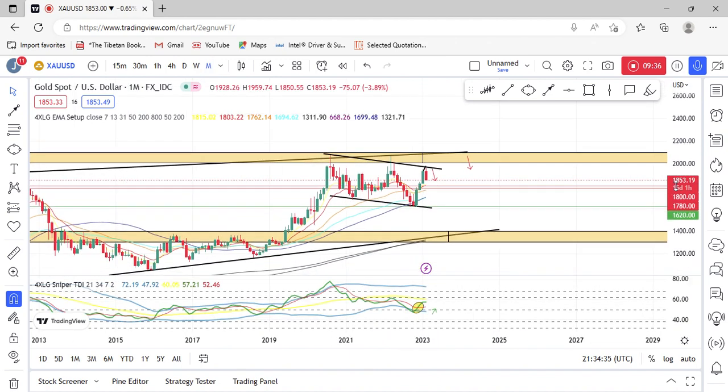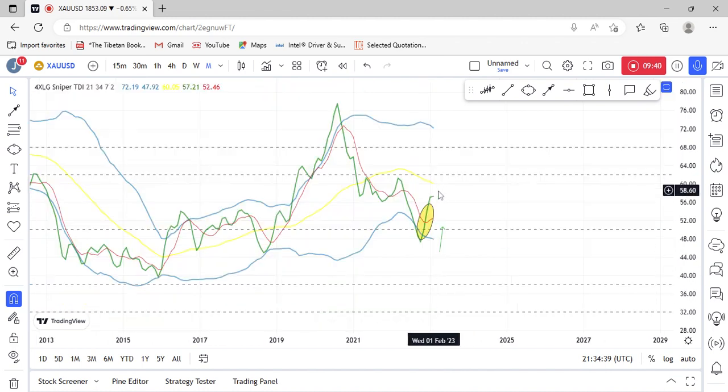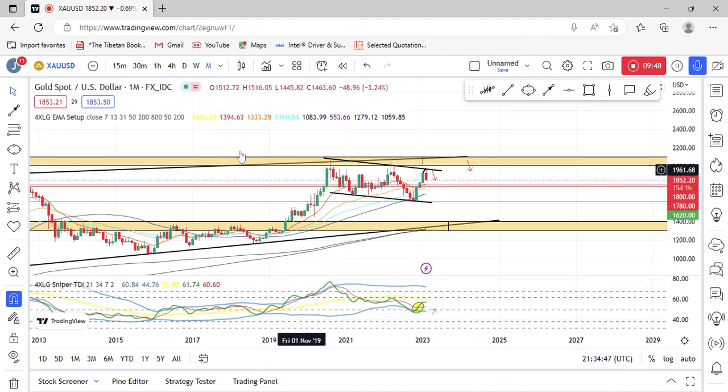Let's check on month first as usual. So in respect to month on TDI, a long-term bullish opportunity approaching our trend line, and we are seeing a possible rejection. As you can see with this descending trend line structure in respect to these bounces.